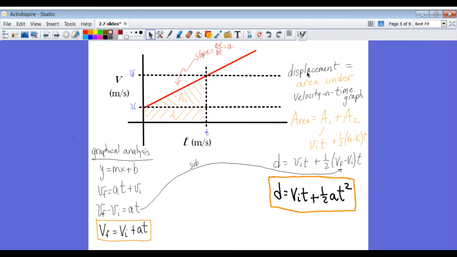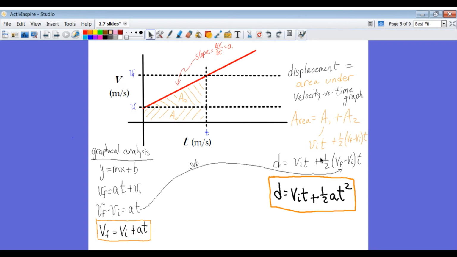I also know that displacement is the area under the velocity versus time graph. And if I look at this graph, that would be the sum of area 1, this rectangle shaded with cross-hatching to the right, and area number 2, cross-hatching to the left. So the area of this rectangle is base times height. The height is V initial.